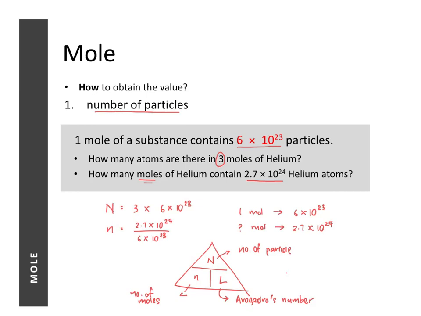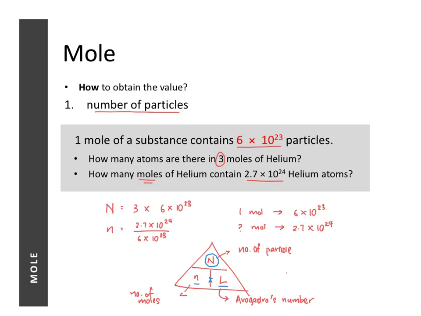Alright, so for example, if I want to find number of moles, which is small n, the formula is actually n equals capital N, number of particles, divided by Avogadro's constant. Okay, so next, if I want to find number of particles, it will be equals to number of moles multiplied by Avogadro's number.